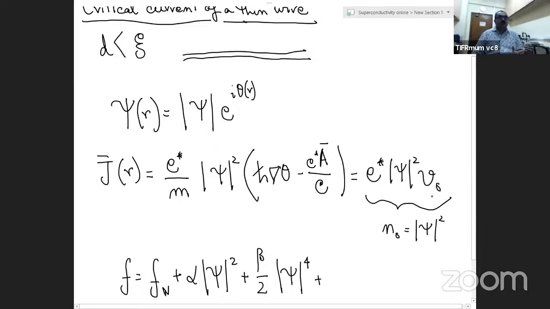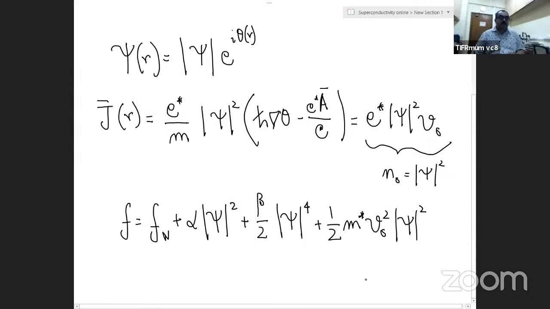So a current means that I have a velocity, and if I have a velocity, then the Cooper pairs will have a kinetic energy. So half m star Vs square multiplied by the density, which is psi mod square, plus, if I pass a current, then I will of course produce a magnetic field.